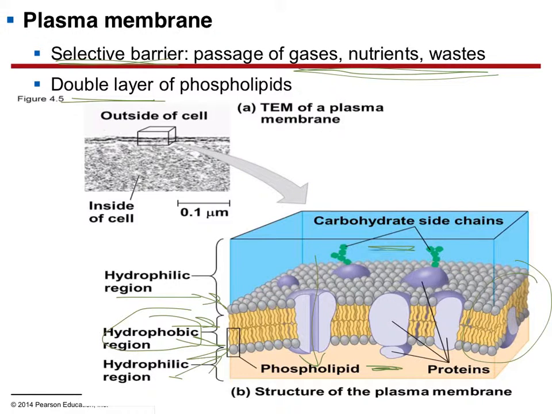You have the external region with the polar heads attracted to the fluid of that outer area. So again, the membrane sets itself up so that the polar charged heads orient closest to water, both on the inside and the outside of the cell, and then the lipid tails are hidden in between those charged areas.